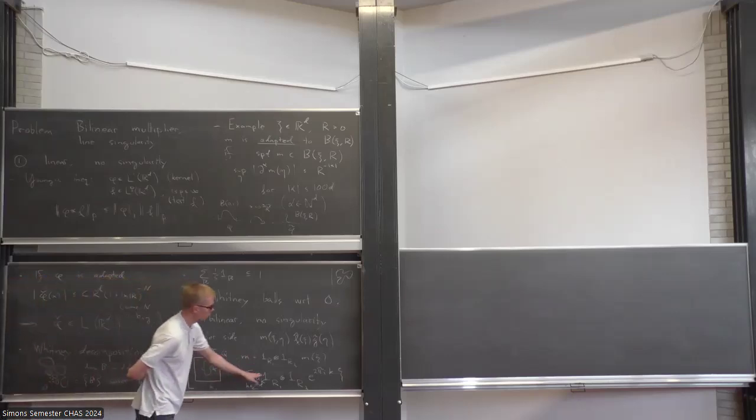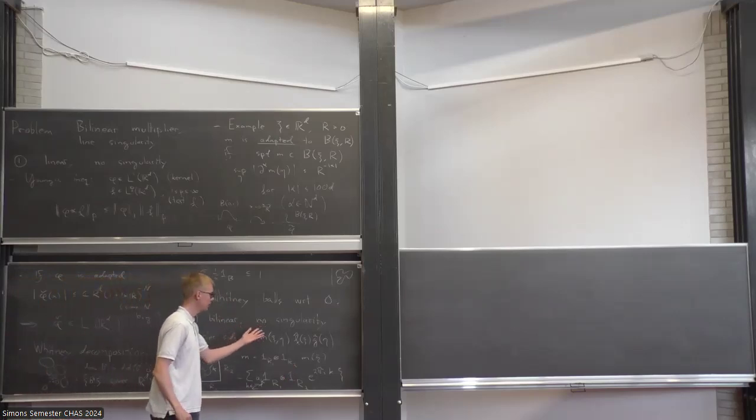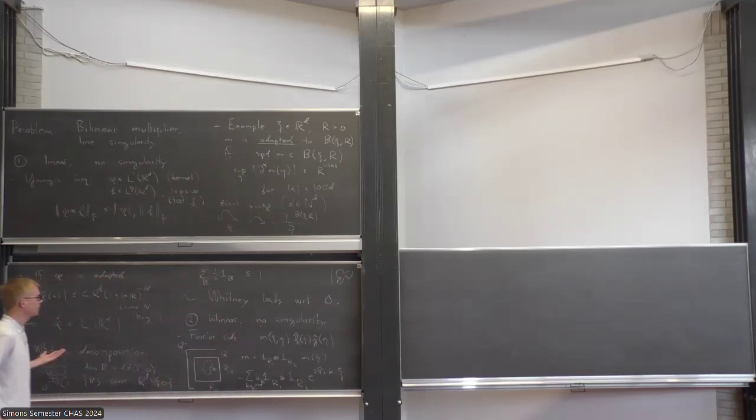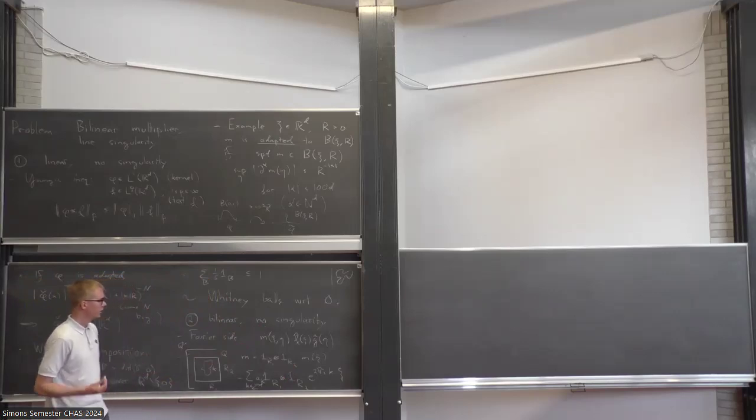Then I control these terms one by one, and I have summability in a_k. By this Fourier series trick, you can say that a smooth bilinear multiplier with no singularity can be represented as a sum of tensor form multipliers, and there is decay in the summing parameter. Okay, so now, up to Fourier series, this is just a tensor.